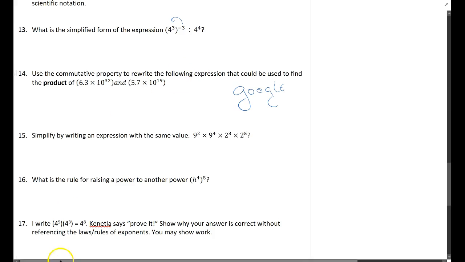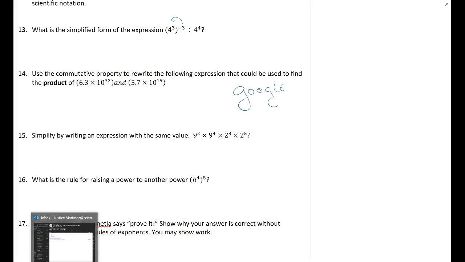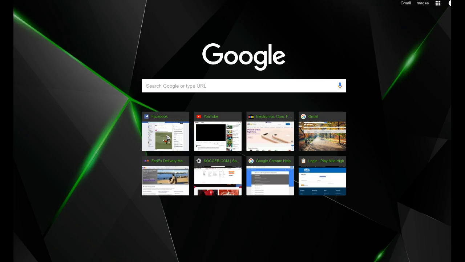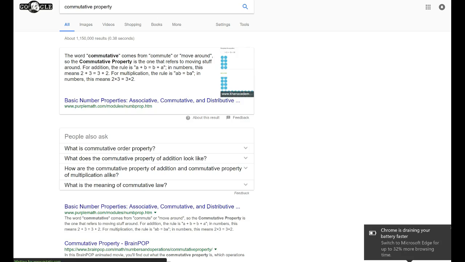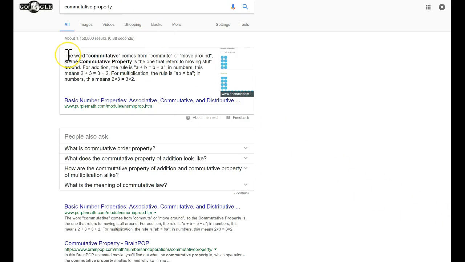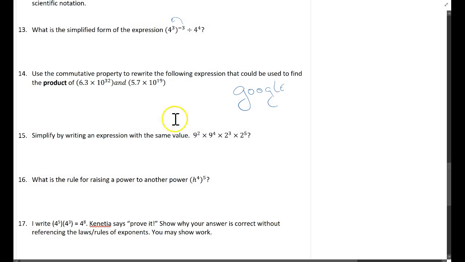So again, the best way to do that is to go to Google and Google commutative property. Thanks, guys. Commutative property. So moving things around, which states simply that A plus B is the same as B plus A. So go ahead and apply that same logic in this problem.